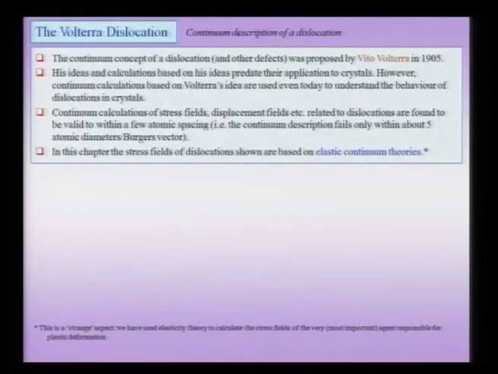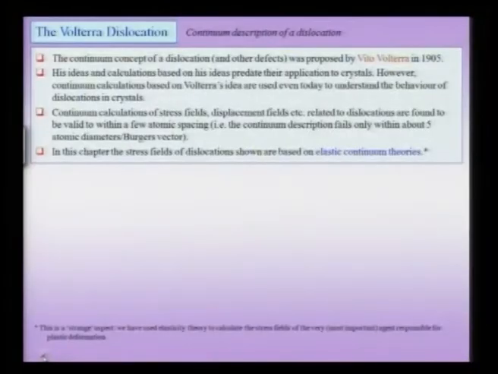So, before we actually take up the dislocation in a crystal, which is of course the most important consideration here, we will take up a continuum description of a dislocation. This was done, as I pointed out, in 1905 by Vito Volterra, and this is called the continuum concept of a dislocation.